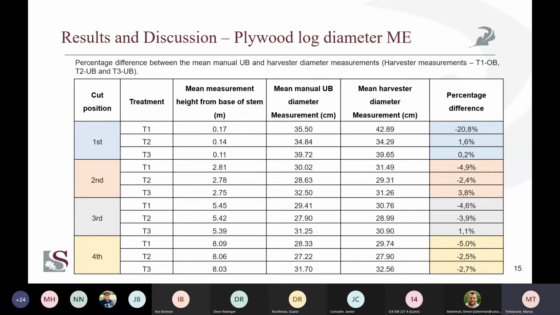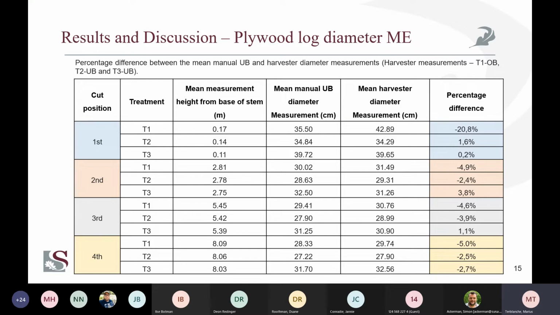the position of the cut, so the average stump height is 0.17, and that's the first cut. At 0.17 meters from the base of the tree, the manual measurement of the diameter under bark was 35.5 centimeters compared to what the harvester was measuring at 42.89.